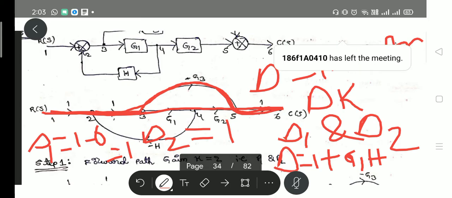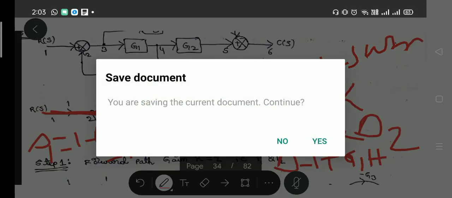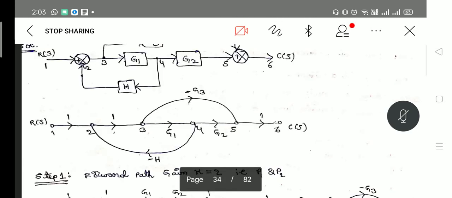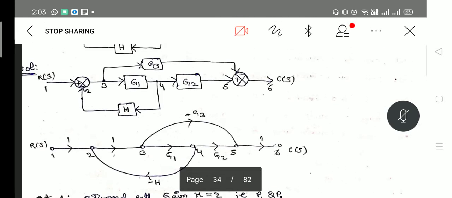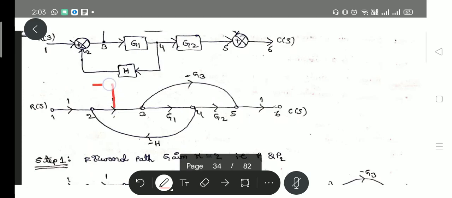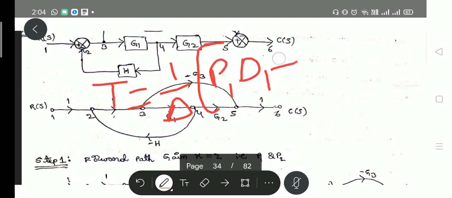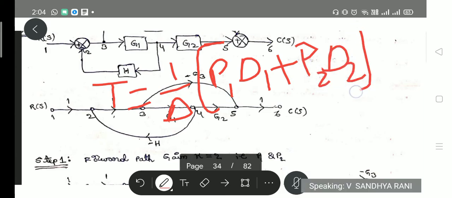From this we can find all those values. So we can substitute in the transfer function, that is Mason's gain formula, T is equal to 1 by delta. Here two forward paths are there, so I am taking P1 delta 1 plus P2 delta 2. Okay.